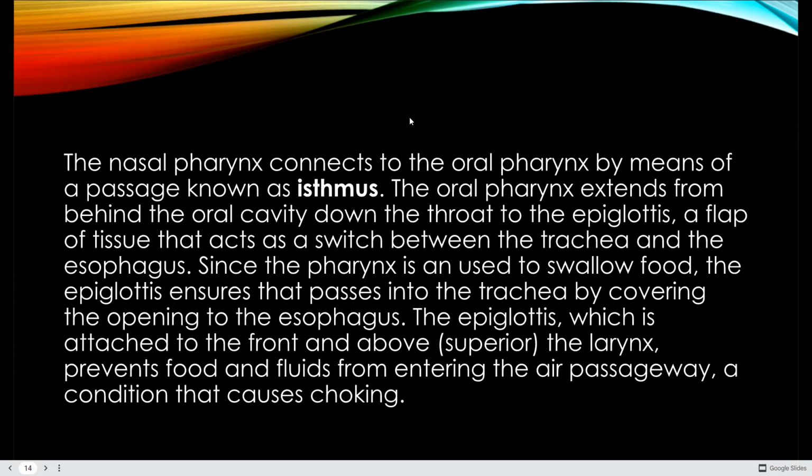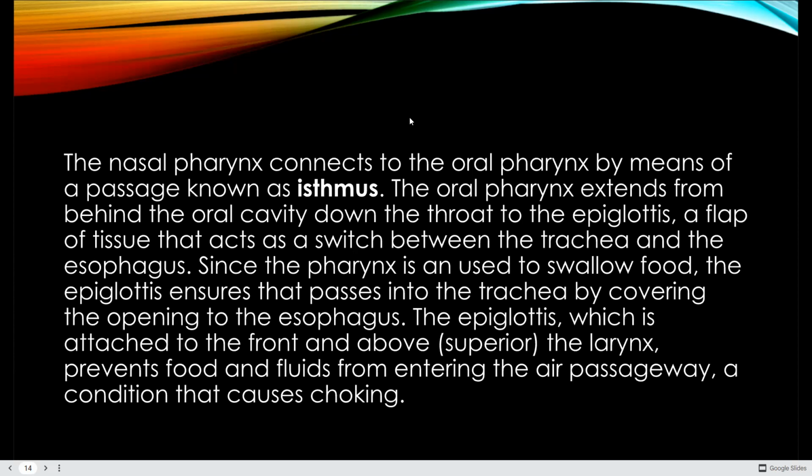Let's take a look at what the epiglottis is. The epiglottis is a plug of tissue that acts as a switch between the trachea and the esophagus. The trachea is going to your lungs. Again, the trachea is going to your lungs. The esophagus is going to your stomach. So it's a switch.